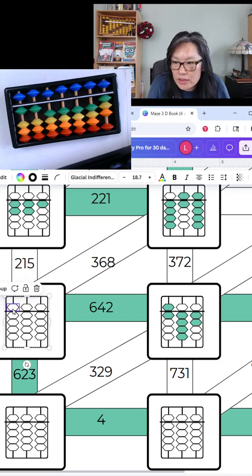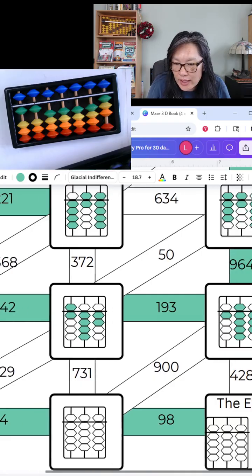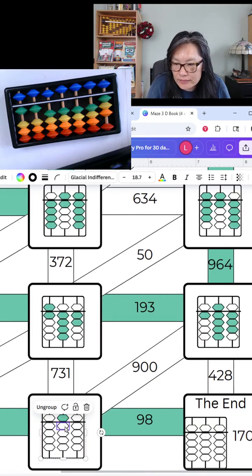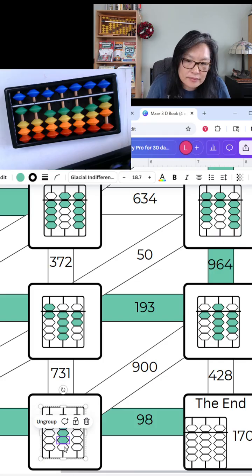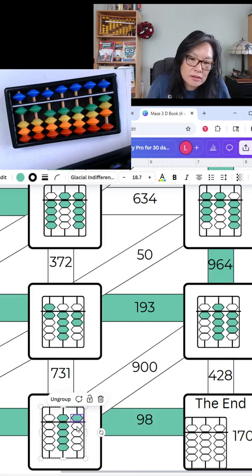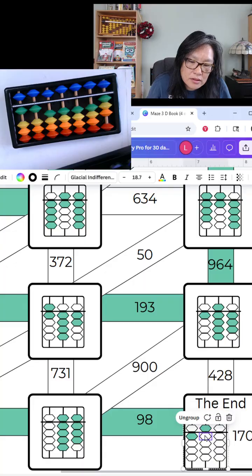And then this is 623. We have 4. This is easy. And then we have 98. 1 7 0 5 6 7, and that's the 0.